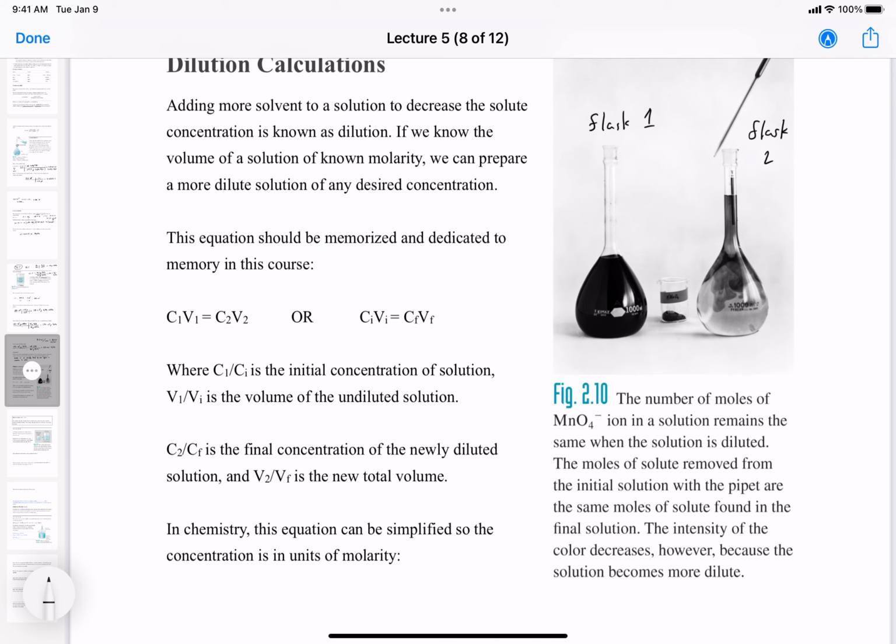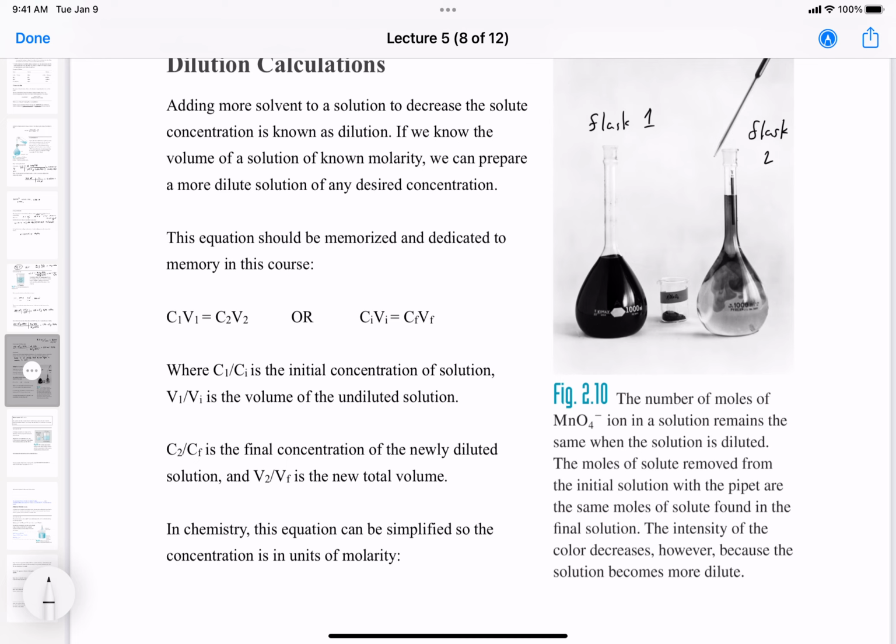For example, the moles of solute removed from the initial solution with the pipette are going to be the same moles of solute found in the final solution. I don't mean the total number of moles in both solutions are equal. That's definitely not the case.